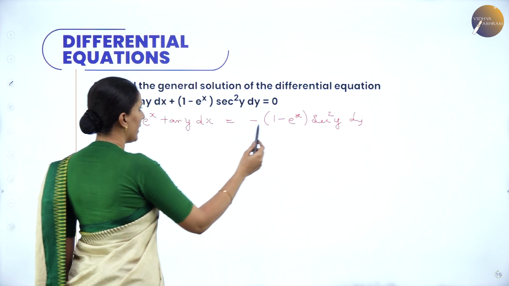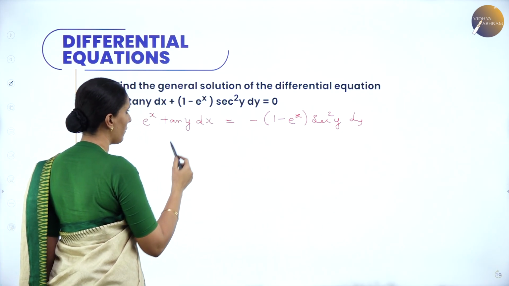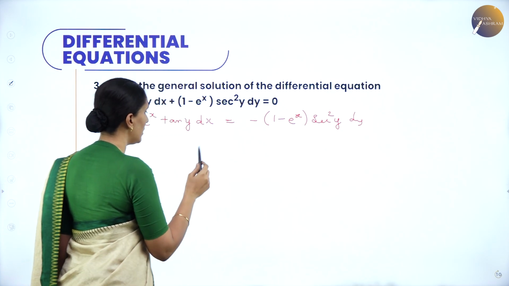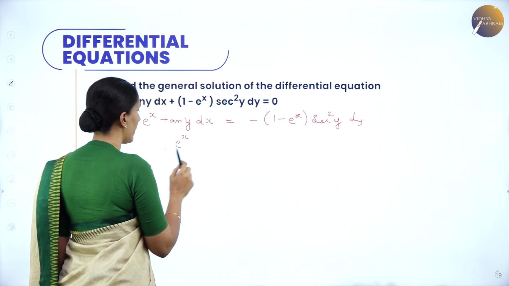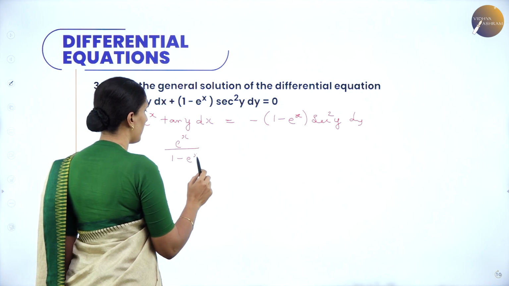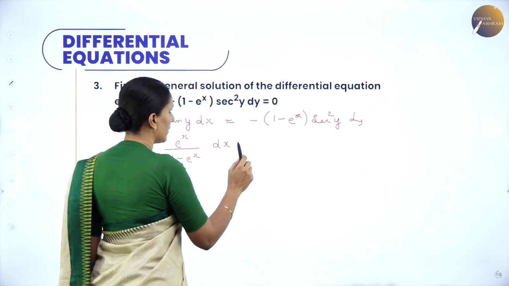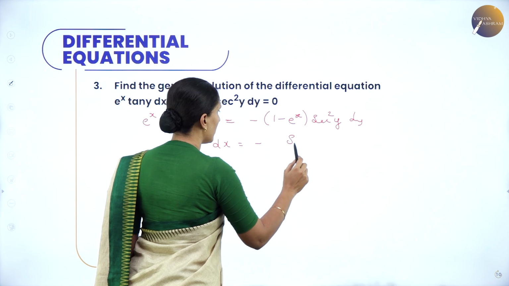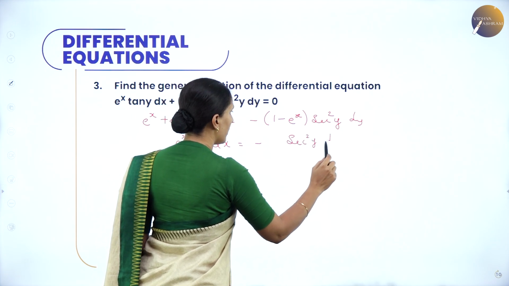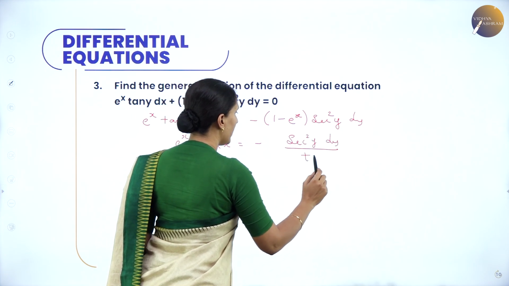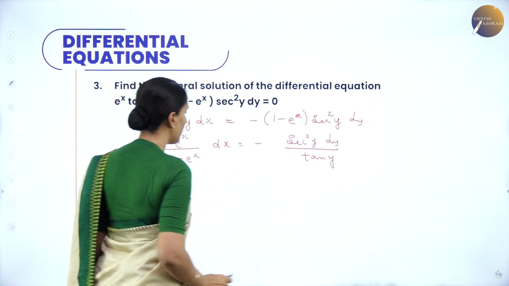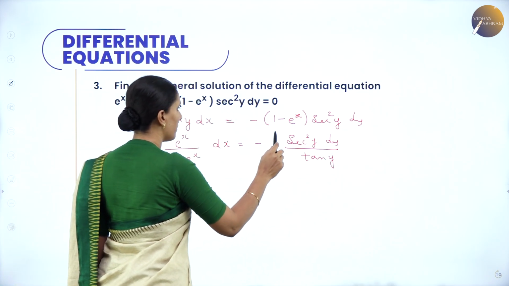Now let me take x variables to the left hand side, y variable to the right hand side. So e^x/(1 - e^x) dx = -sec² y dy/tan y. Now let me integrate on both sides.